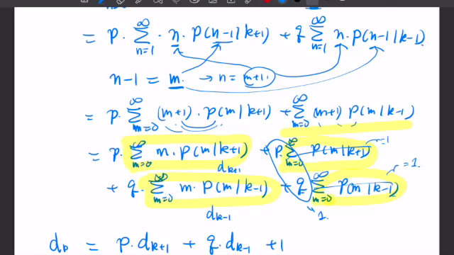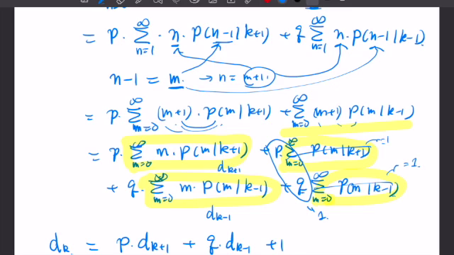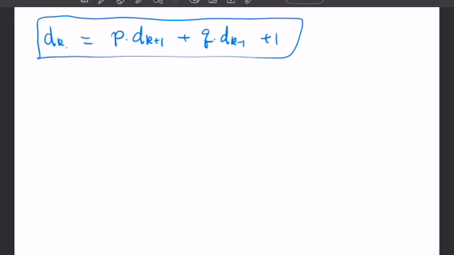And that is the difference equation determining D_k. And now we are going to solve this difference equation. So how can we solve this equation? First of all, let's rearrange this.